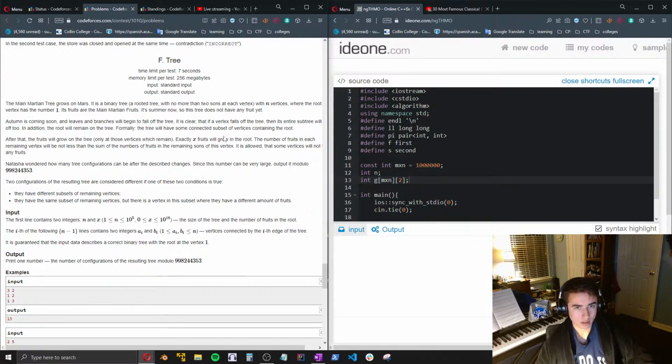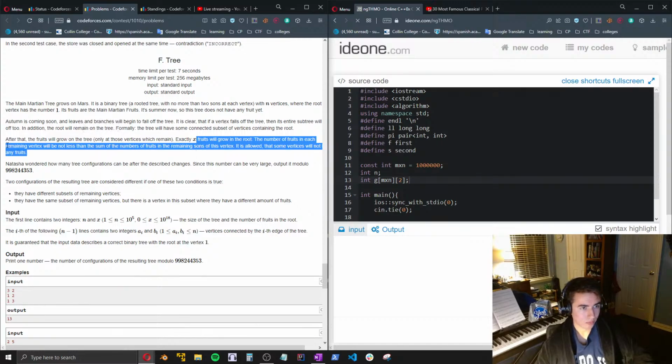After that, the fruits grow on the tree. Number of fruits in each remaining vertex will not be less than the sum of the fruits in the sums of the vertices.